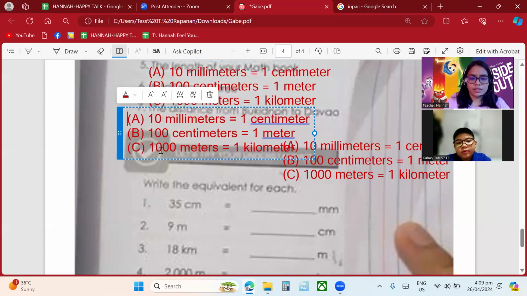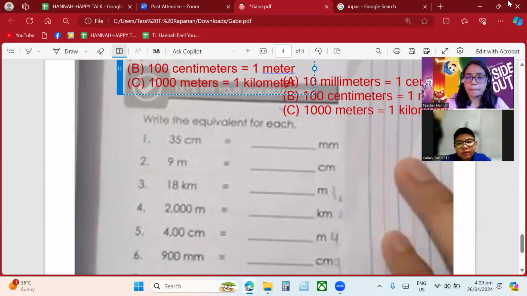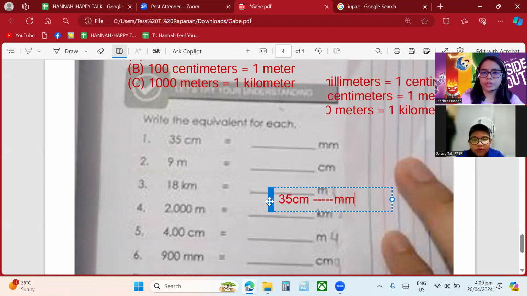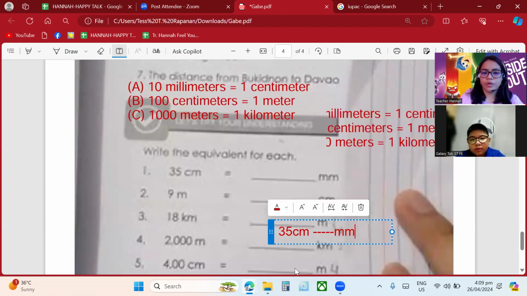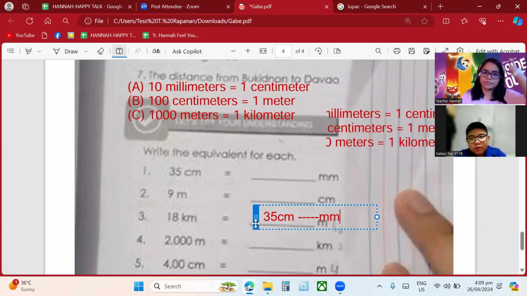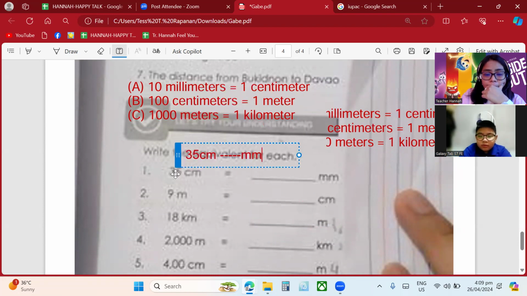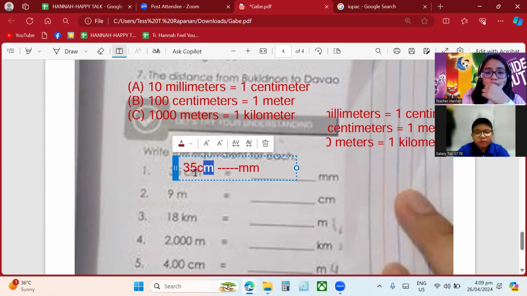Okay. So number 1, you have 35 centimeters. You need millimeters. So what are we going to do? What is your conversion that you're going to use? What do you have?